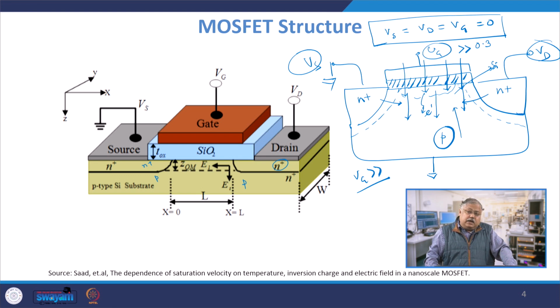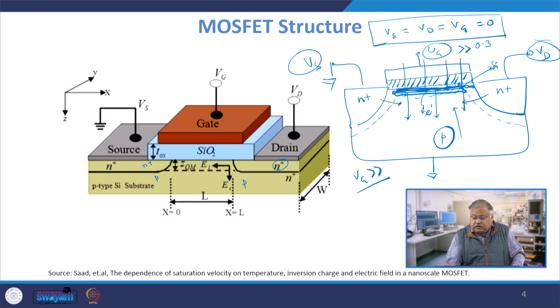But please understand, since I haven't applied any drain bias at this stage, there will be no charge carriers flowing between source and drain. Though there is a large number of electrons available at this particular point, it is not helping me. So since this is a positive gate bias, you are basically forward biasing, and this depletion region will go on decreasing here.